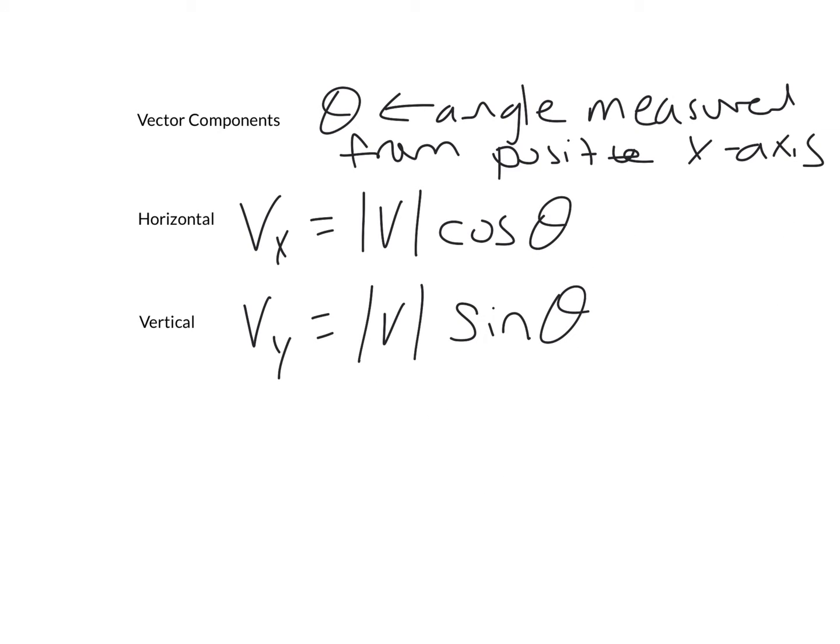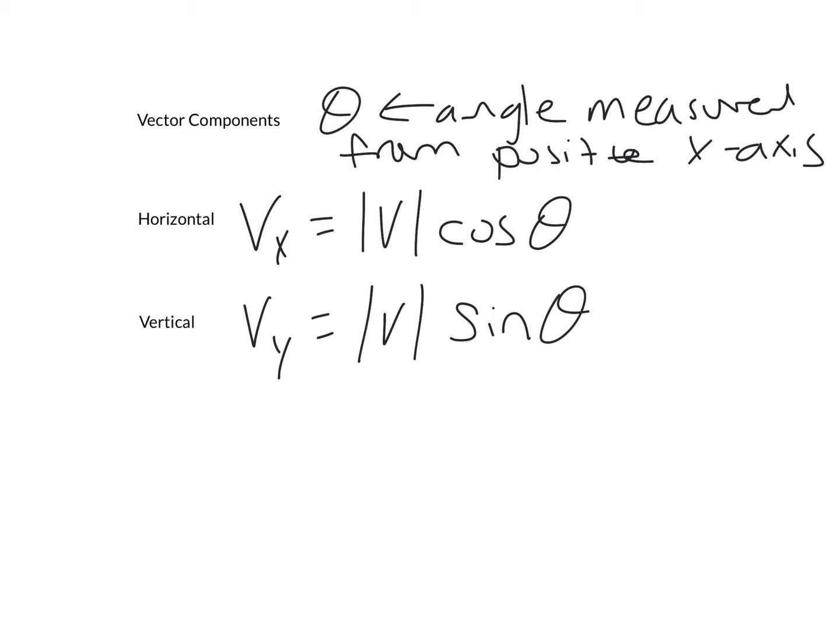If we need to find the components, the x and y value of your vector, we need to think about our angle, and we'll use theta, the angle measured from the positive x-axis. The horizontal change in your vector is the magnitude times cosine theta, and the y component is the magnitude times sine theta.